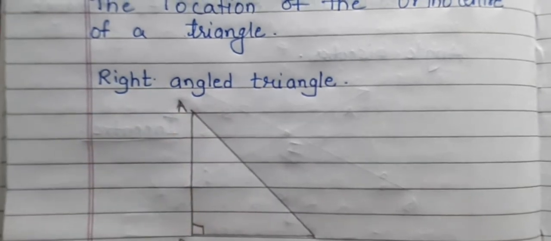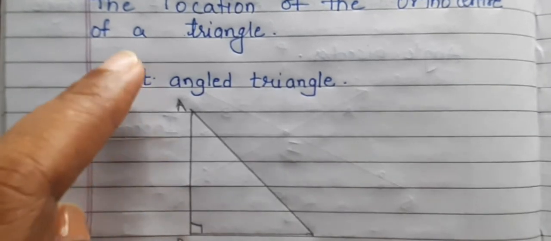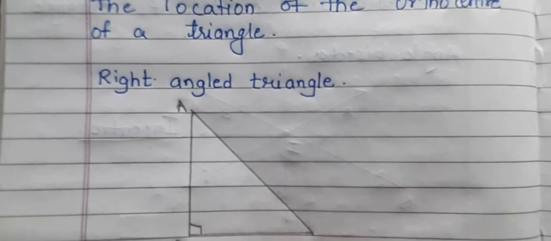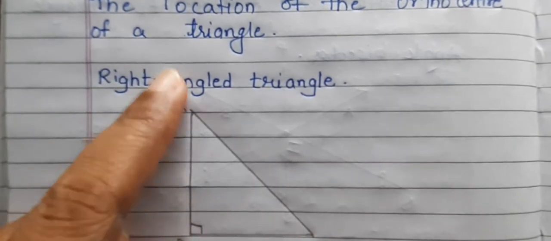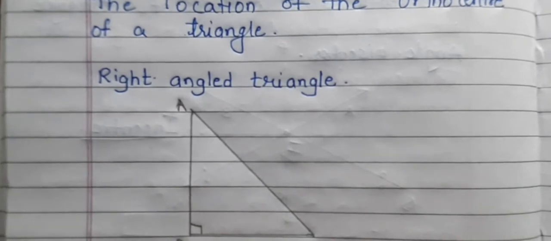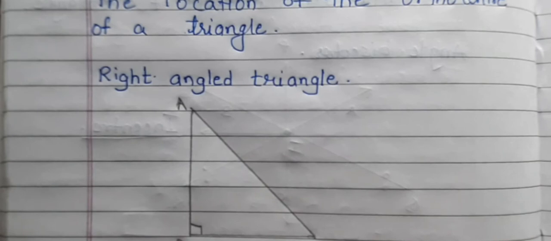So AB and BC are perpendicular to each other, right? So the altitude of BC will be AB and the altitude of AB will be BC. Now we just have to draw the altitude of AC using the set square.